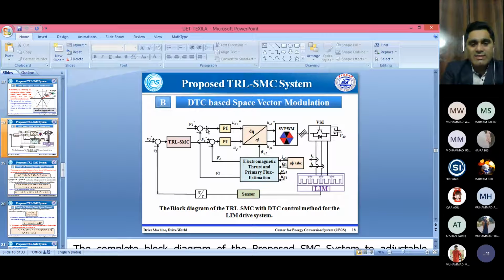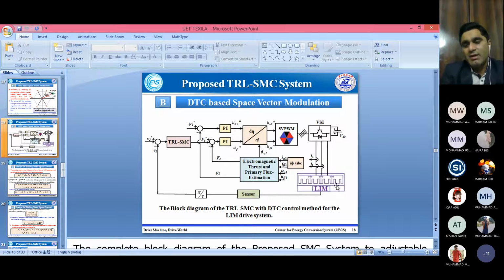This is thrust and this is the flux, and this is the speed loop, which can be sensed or taken as feedback by using some sensors. We compare both speed signals, then we apply the SMAC instead of the PI controller. So this is the whole control strategy of any machine.